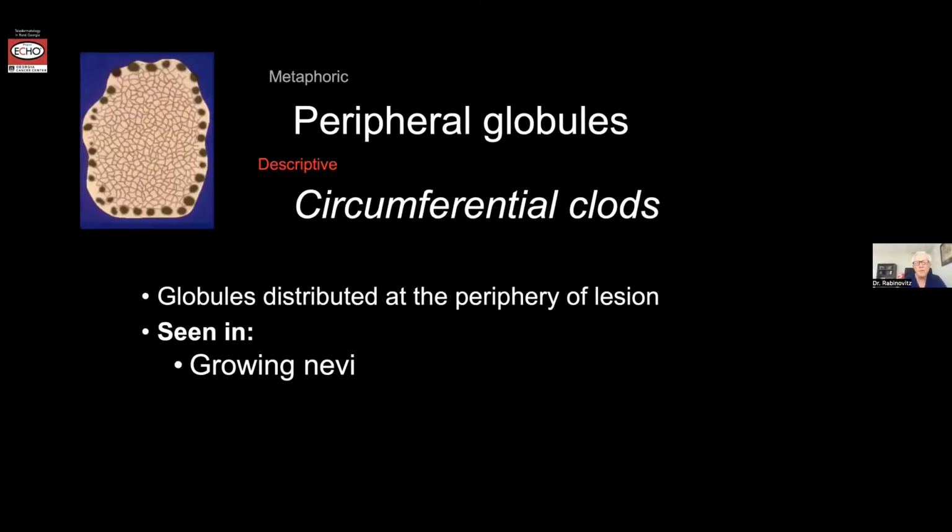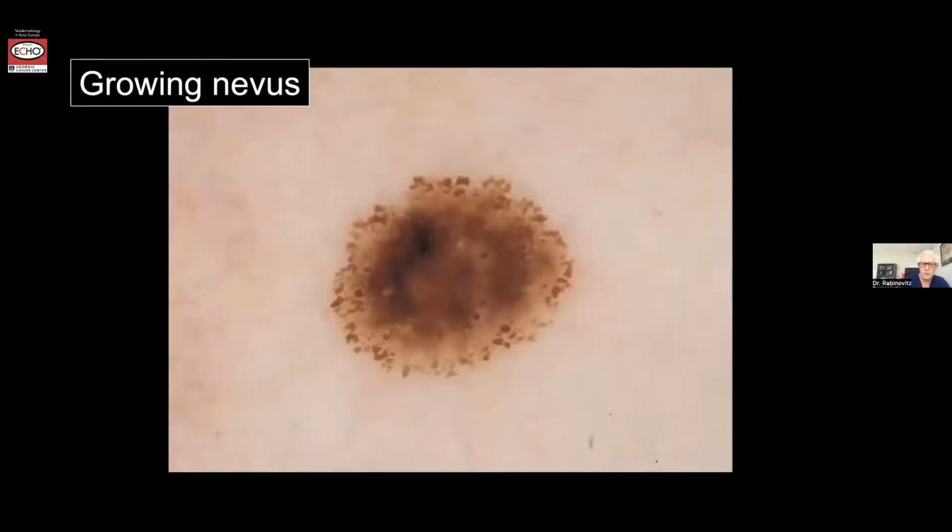And then you have peripheral globules. Globules distributed at the periphery of the lesion. These are seen in growing nevi. And in kids, very often, in children and teenagers, there are these types of moles which are growing. And you'll see dermoscopically this type of pattern. We know this is a growing nevus based on the fact that you have these peripheral globules.